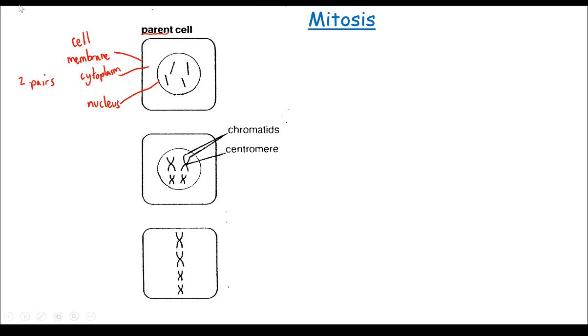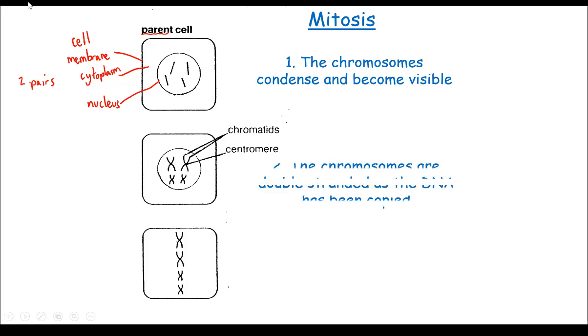So let's look at them. Firstly, at the start of mitosis, the chromosomes condense and become visible. Next up, the chromosomes are double-stranded as the DNA has been copied. So instead of having single-stranded chromosomes, we now have double-stranded chromosomes made up of chromatids.